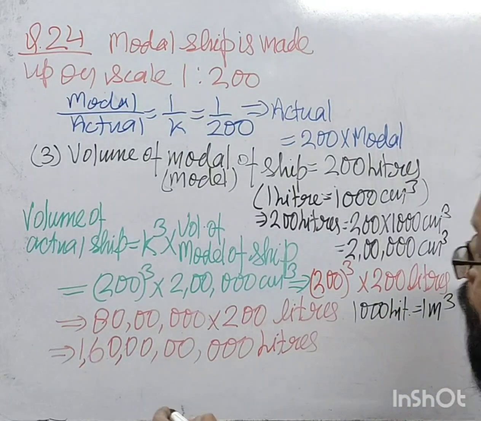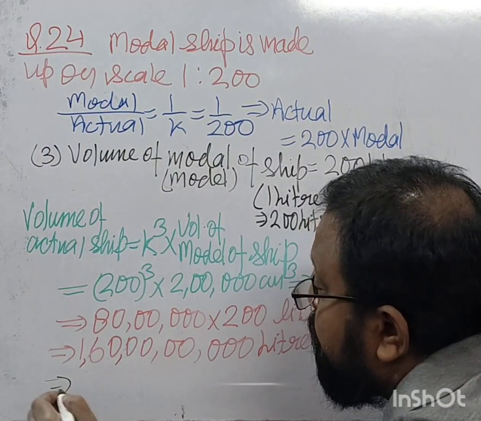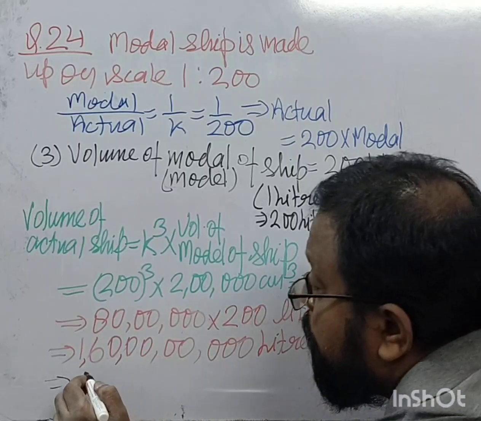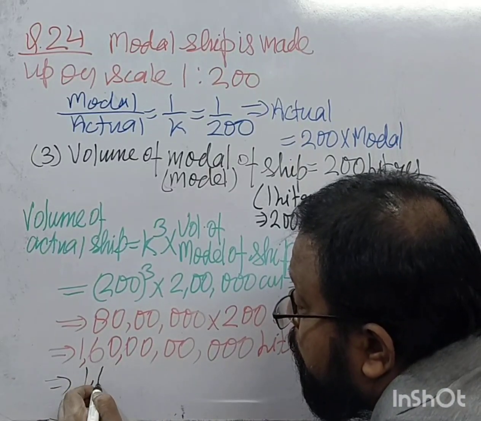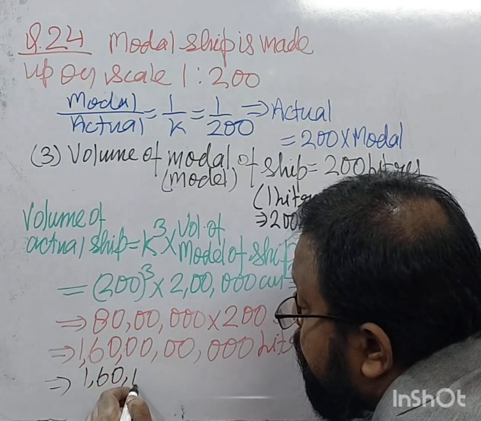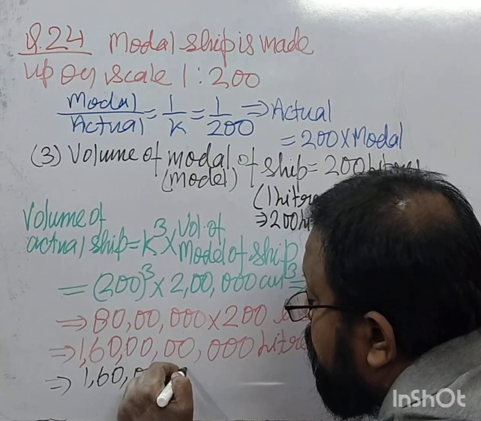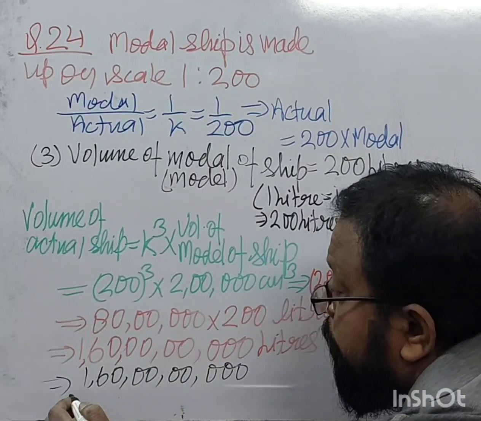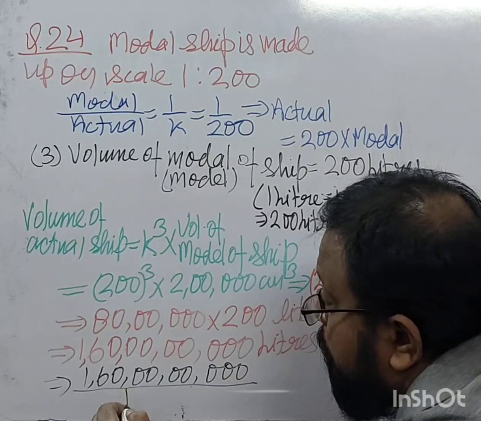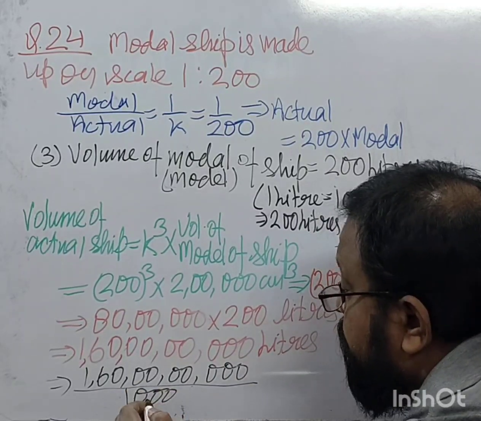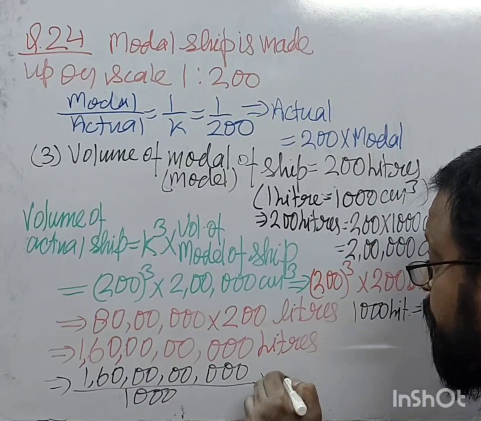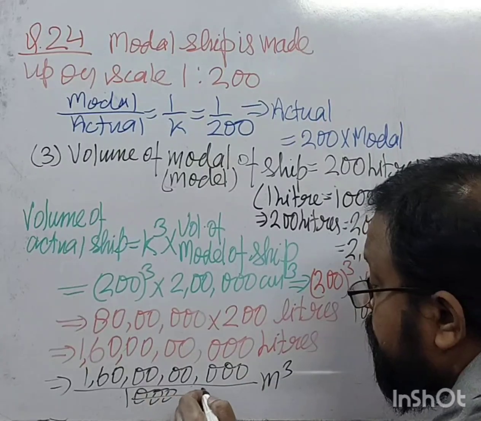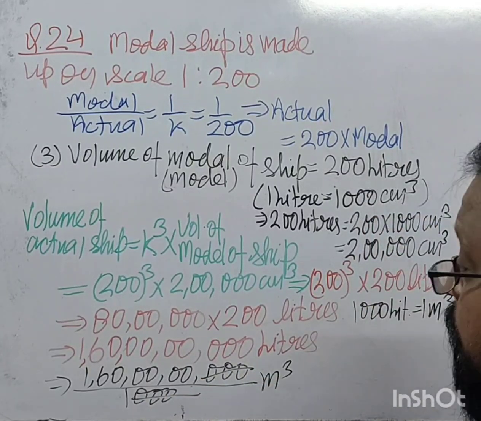So we write here 16 with 8 zeros upon 1000 meter cube. So this 3 zeros and 3 zeros are cancelled out.